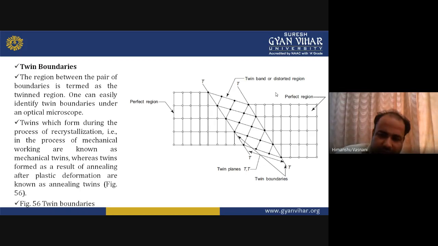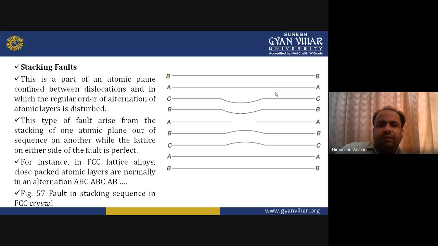With the help of a microscope, you can study in which structures you can easily get twin boundaries with a twin region, and it will be helpful to study the structure of the materials. Now, after this we are going to stacking faults.